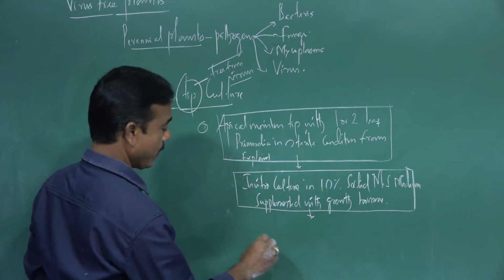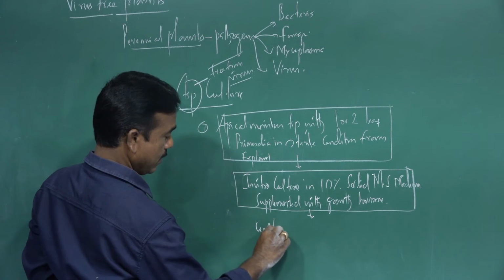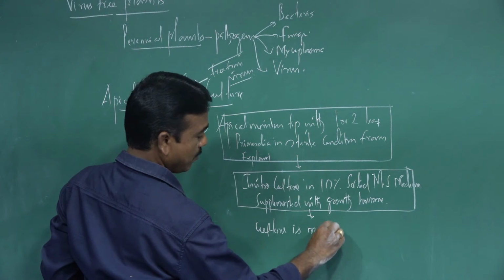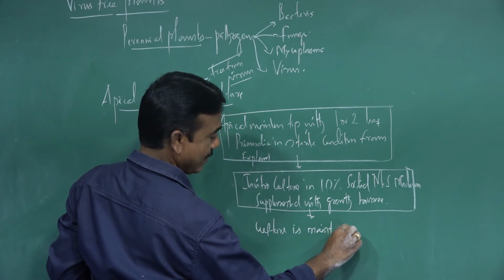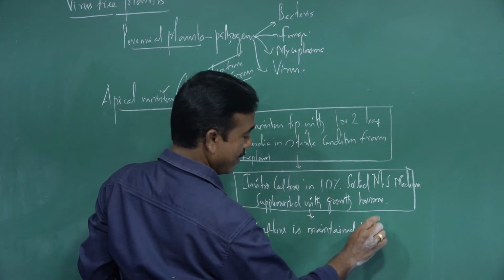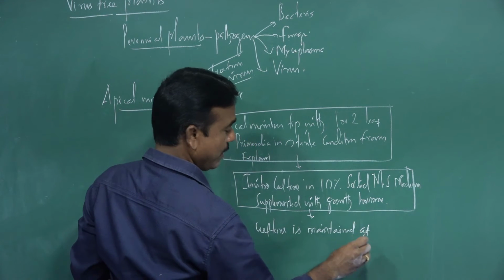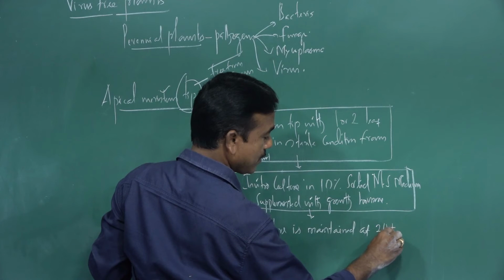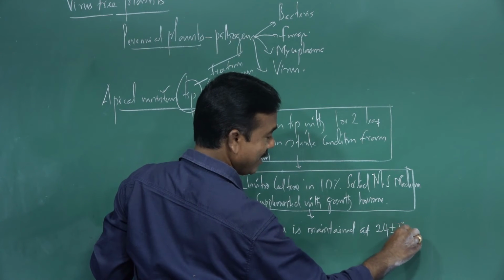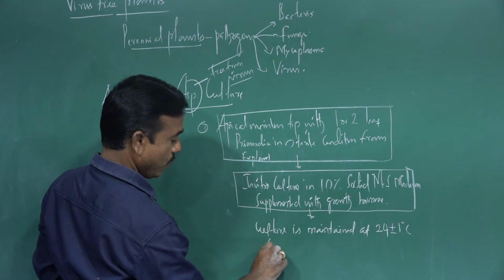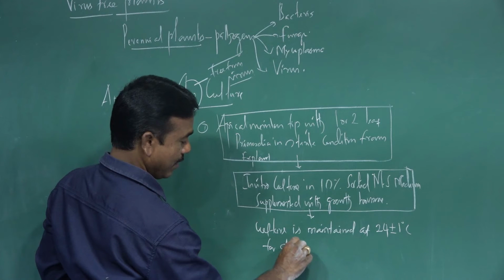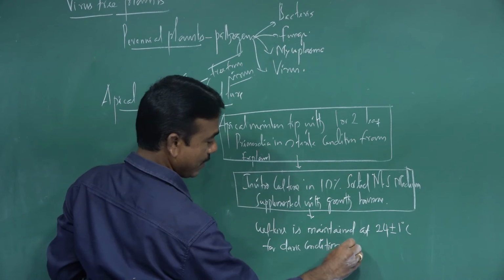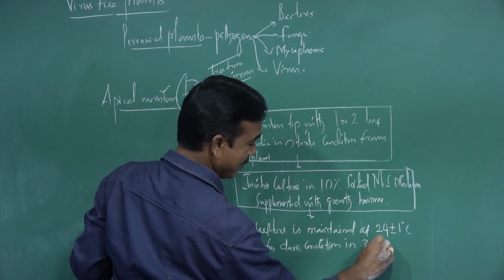Third one, the culture is maintained at 24 plus or minus 1 degree Celsius in dark condition for 3 days.